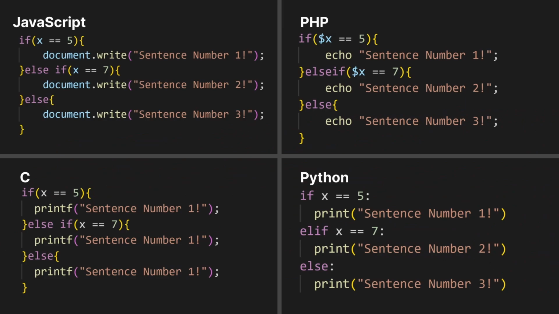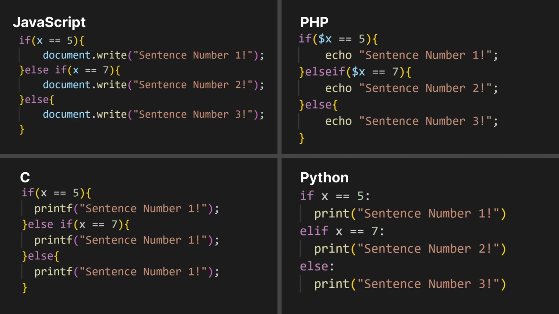So last but not least, here we see a small comparison between JavaScript, PHP, C and Python. Because in the beginning I said that the syntax in all of these languages is pretty much the same, and you can clearly see that the syntax and the structure of the if else statements are all pretty similar.